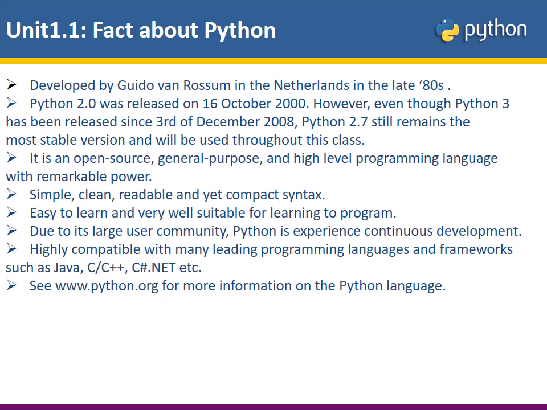we discussed that Python is open source. It's open source as it is free, it is open for anyone to use. And it's a general purpose programming language, a high level programming language with remarkable power.